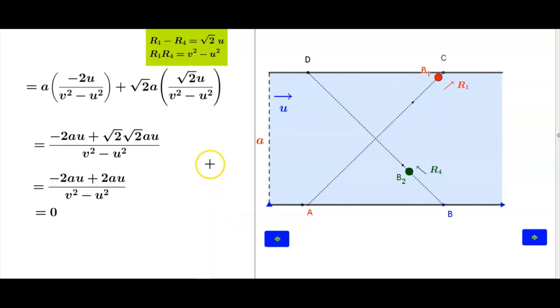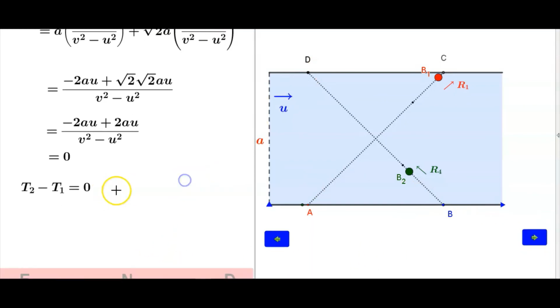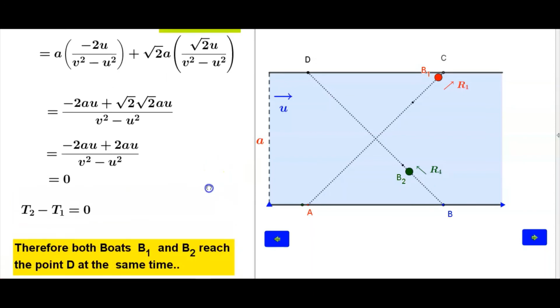This is 0. That means the time difference is 0. The time taken by board B1 minus the time taken by board B2 is equal to 0. That means the two boards reach the point D at the same time. T2 minus T1 is equal to 0. Therefore, both B1 and B2 reach the point D at the same time.